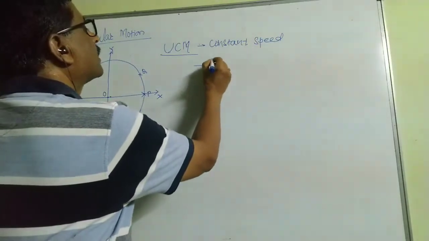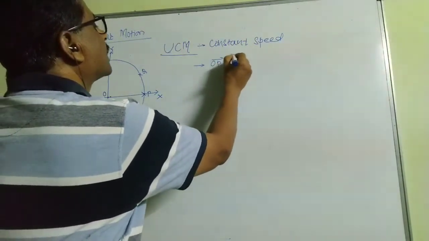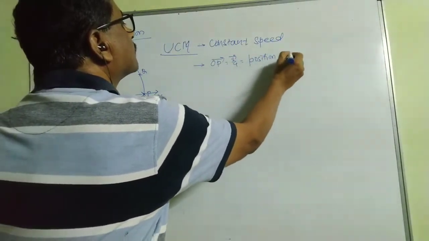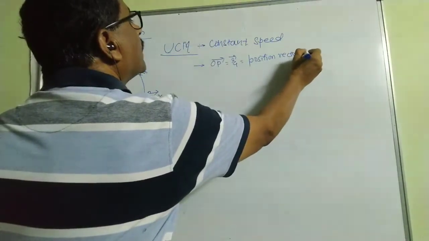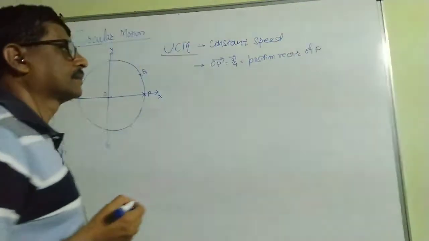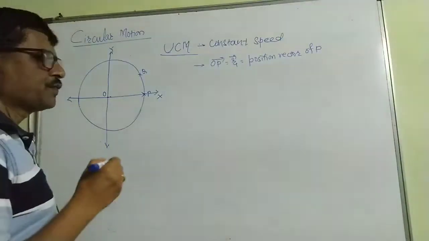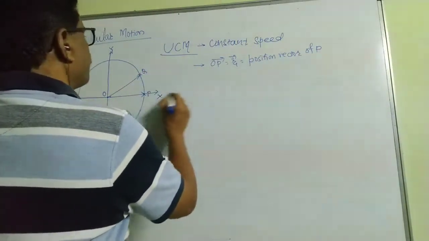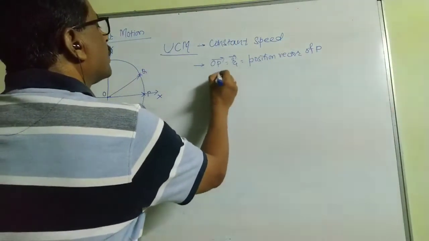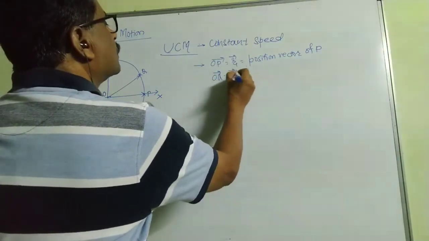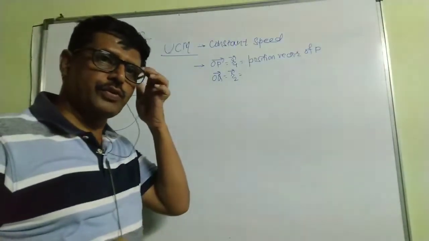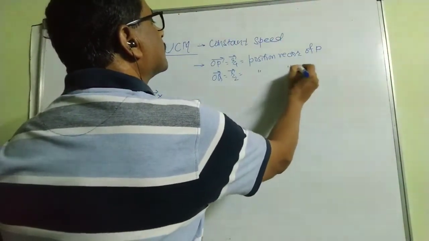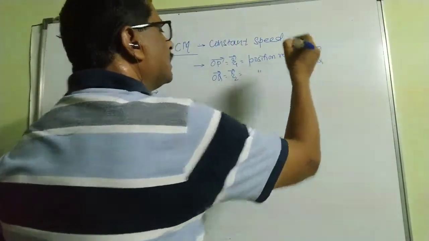Therefore, vector OP equal to vector R1 is the position vector of P. In a small interval of time, let the particle displace to a new position Q. Then the vector drawn from the center of the circle to the position Q, vector OQ equal to R2, is the position vector of the particle at Q.